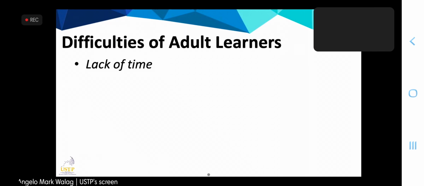Tuition is free, but there are still other expenses related to their education. Our students are in college, and most of them are part-time employees, and we need to consider also their need to have more specific, more focused activities.